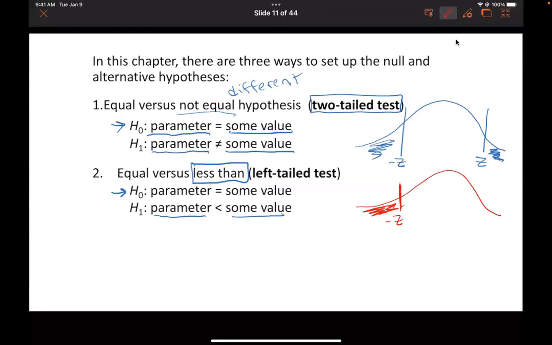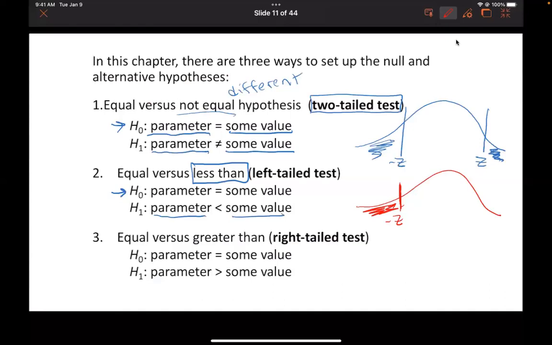I bet if you really thought about it, you could figure out what a right-tailed test was. Right-tailed is greater than. So my null hypothesis always looks the same, but my alternative hypothesis would be that the parameter is greater than some value. So it would look like this.